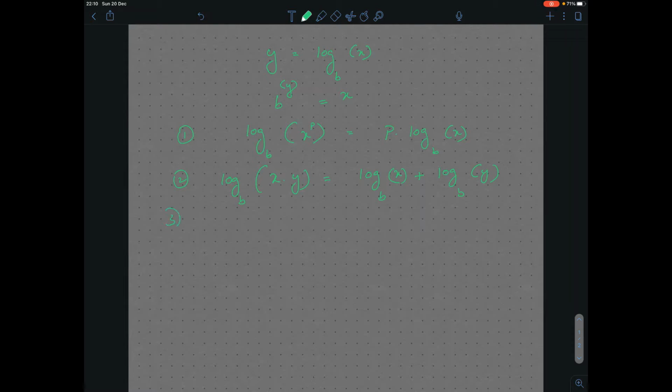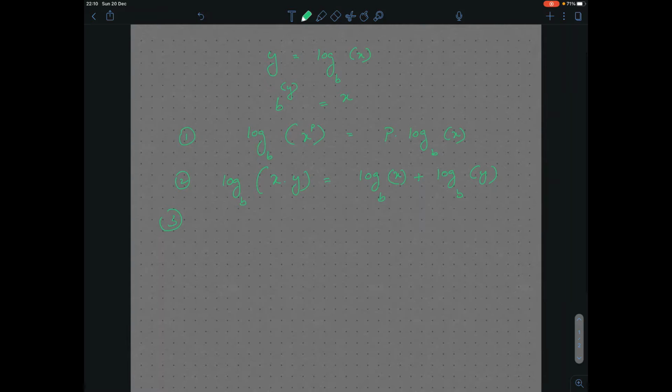Similarly, you can do the same thing for divisions of variables as well. So log to the base b of x over y can be simplified as log to the base b of x minus log to the base b of y.